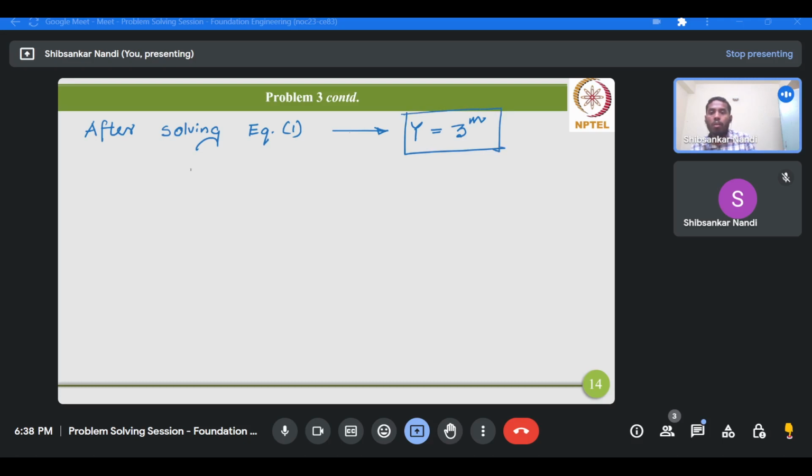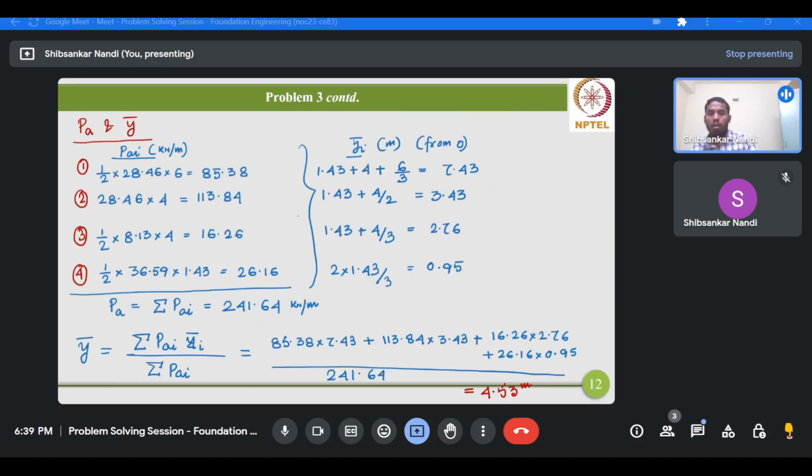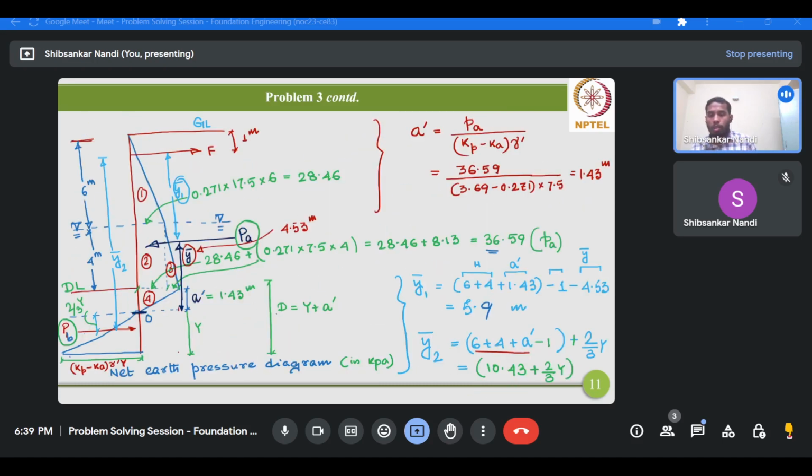Therefore, the theoretical embedment depth will be y plus a bar. Already I have shown this.